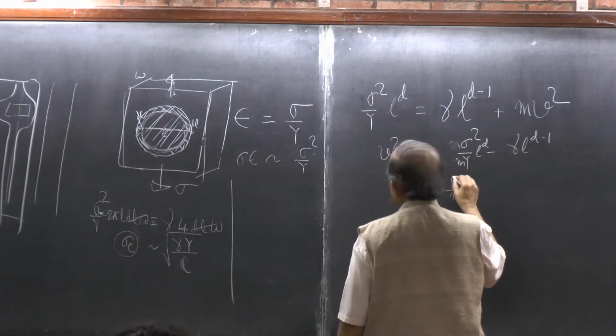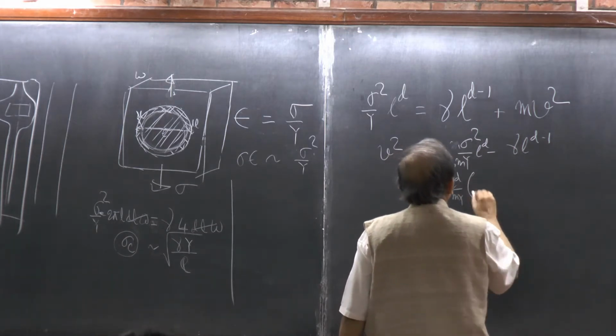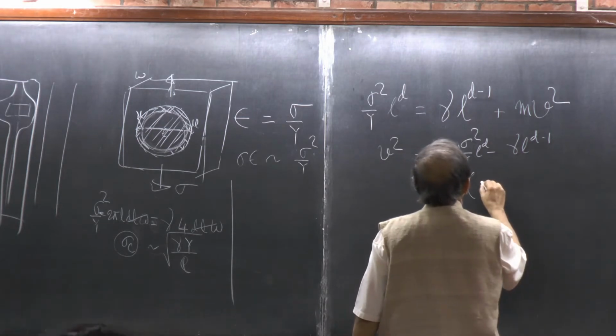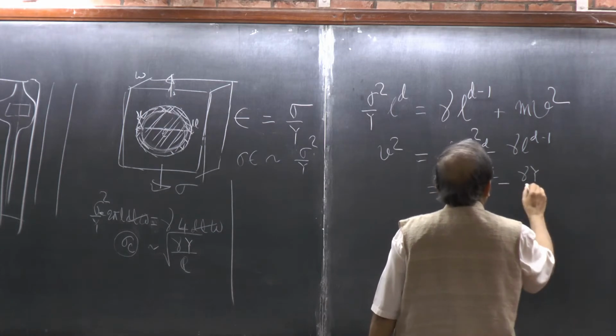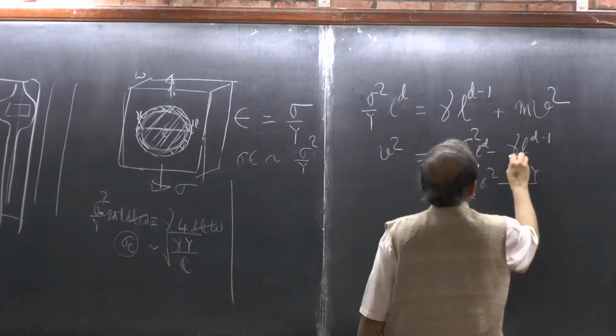And L to the d common. So what is this? This is sigma square minus gamma Y. Okay, so m was here also.